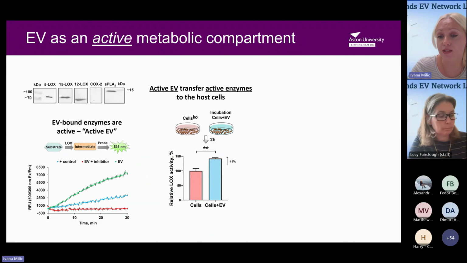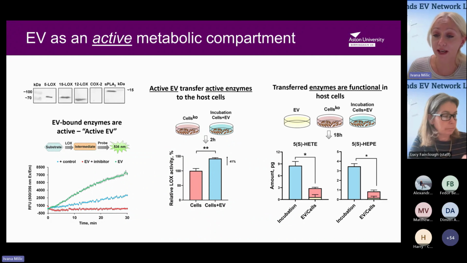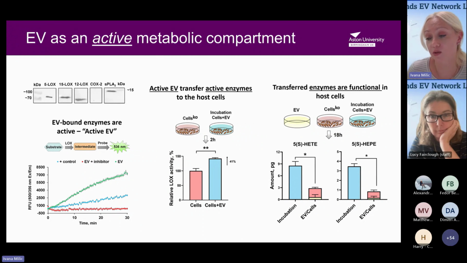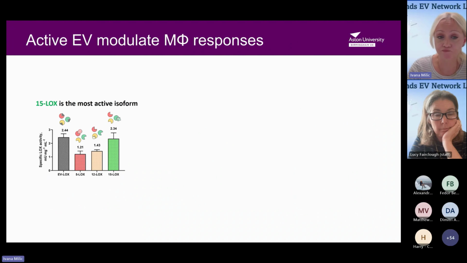And these enzymes, once transferred to the host cells, were capable of further synthesis of lipid mediators, as we have shown here based on our mass spectrometry measurements. So EVs are carrying active enzymes; they're actively transferring that enzymatic activity to the host cells that naturally do not express these enzymes, and these enzymes can lead to the synthesis of lipid mediators of inflammation.